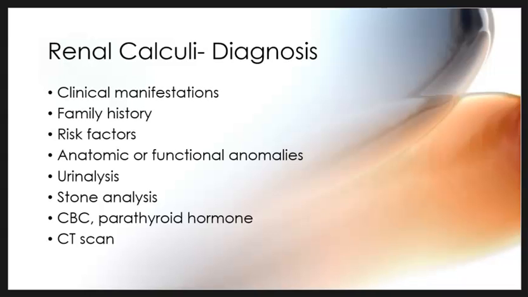CT scans are the preferred imaging for identifying renal calculi, along with any other potential sources of flank pain and anatomic anomalies. X-rays are only able to identify stones that are radiopaque, making them less desirable in this situation.